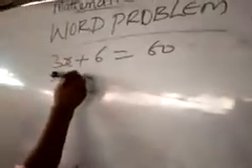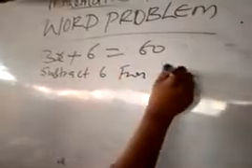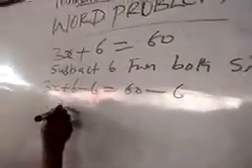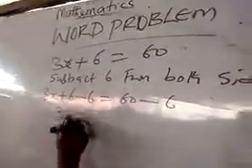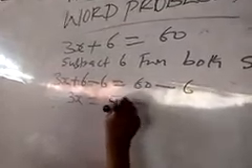Now take this one to the other side, subtract 6 from both sides. Now you have 3x plus 6 minus 6 is equal to 60 minus 6. 6 minus 6 will give you 0. You have 3x at your left hand side. Then 60 minus 6 will give you 54.